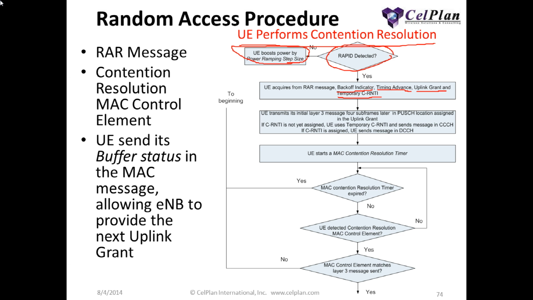So at this moment, because it has the timing advance, it will transmit a layer 3 message in the location assigned in the uplink grant. So the uplink grant gave an allocation in the uplink frame for the UE to send the data.